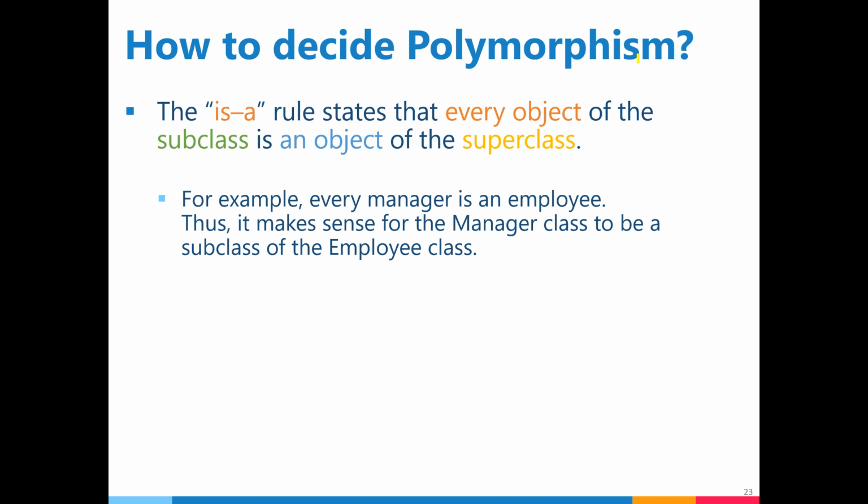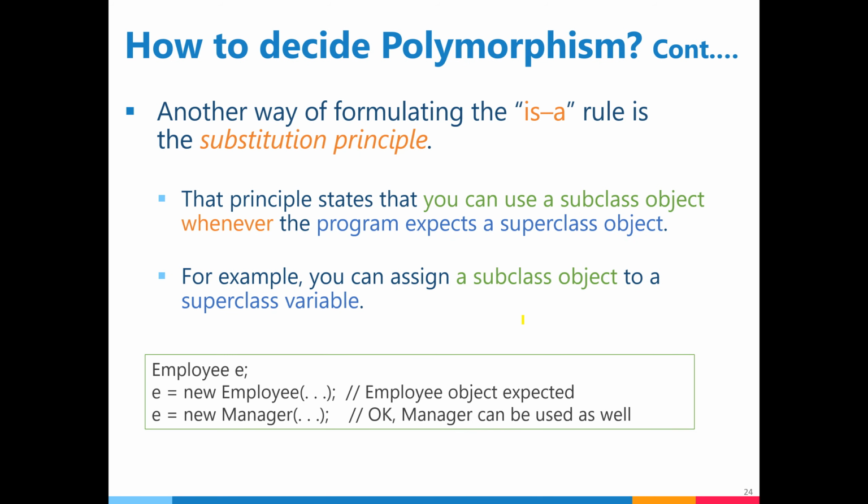So how do we decide on polymorphism? The ISA rule states that every object of the subclass is an object of the superclass, right? For example, every manager is an employee. Thus it makes sense for the manager class to be a subclass of the employee class. We mentioned this before: the employee class here, and this manager is an employee in the UML class diagram.